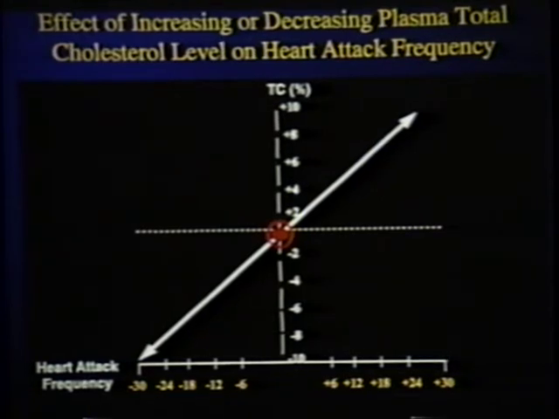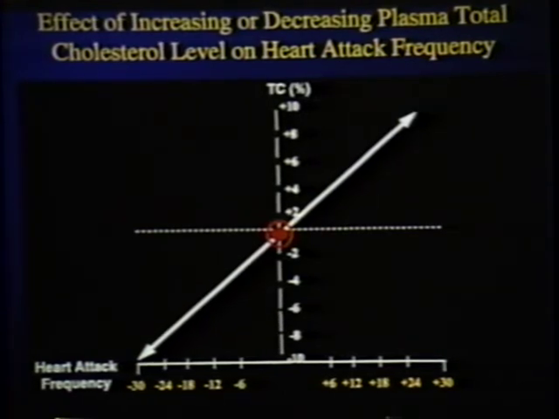Now, the Lipid Research Clinic study and the Helsinki Heart Study were primary prevention trials. What that means is that one is studying a group of people who are asymptomatic, have never had clinical evidence of organ ischemia, and have relatively high cholesterol levels, and they're given medicines or a very stringent low-fat, low-cholesterol diet, or an ileal bypass operation, and cholesterol levels are lowered.